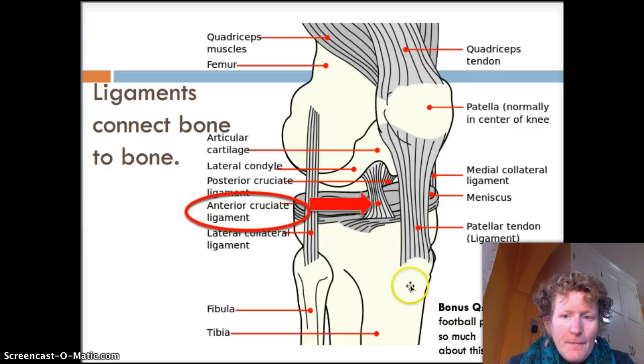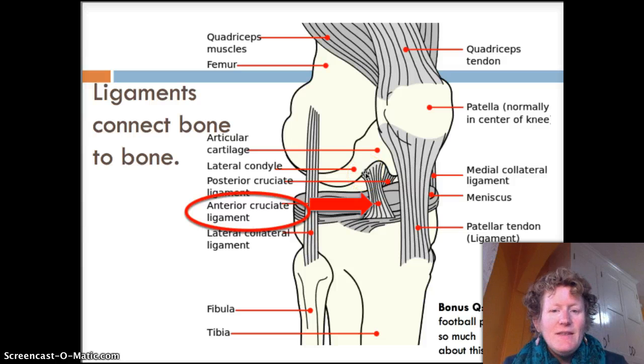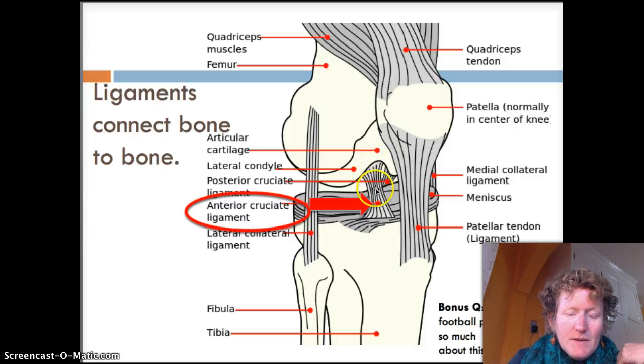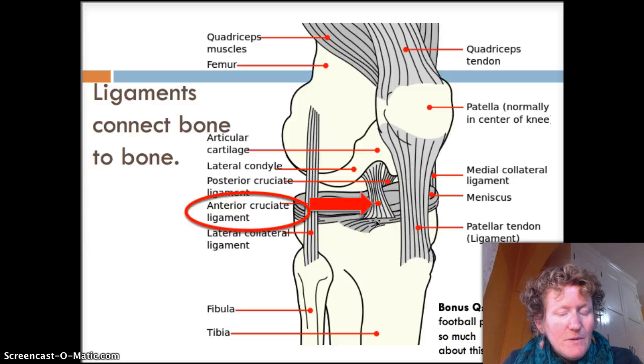So football players know a lot about their ACL, which is the anterior cruciate ligament, because it's A, a key ligament that you really need to know, and B, it's often an injury in football. But this is a ligament that maybe everybody should know because it sticks your knee together.